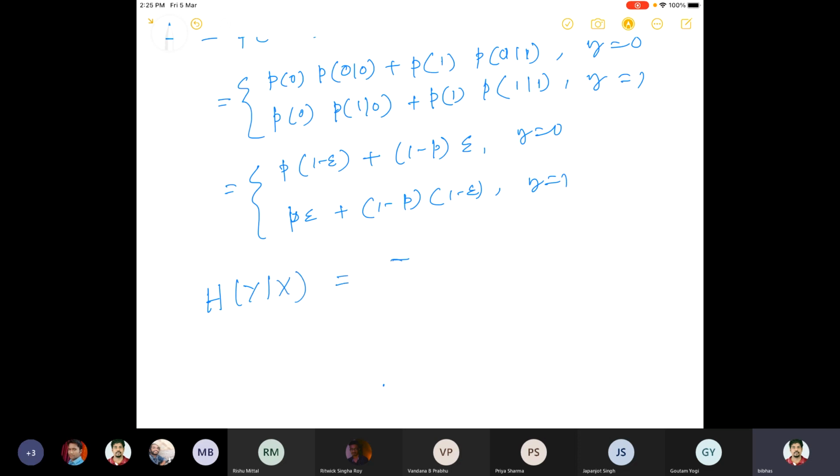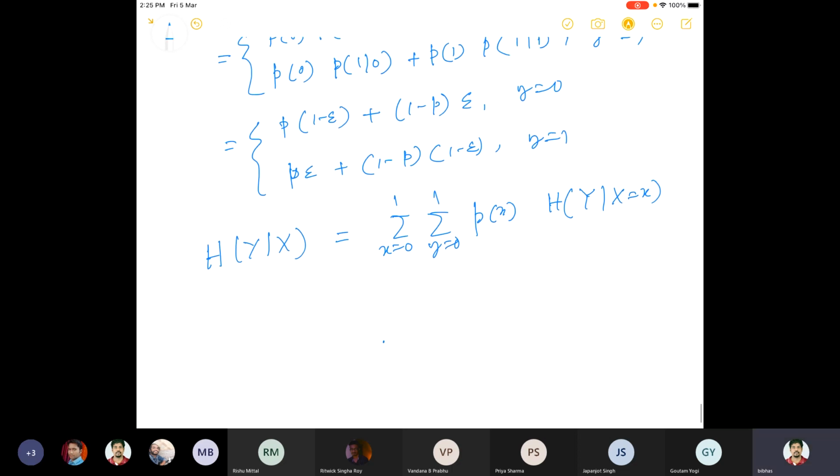If you remember the formula, it is the sum of p(x) H(y given x equal to x), over x equal to 0 to 1 and y equal to 0 to 1. Basically it will be over x, over y, p(x,y). I can write it like p(y given x) and log base 2 of 1 by p(y given x). So this is the formula.